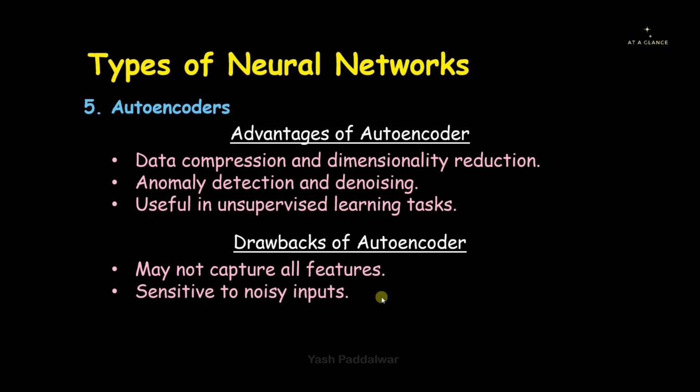A little bit of change in the data will trigger the output. If the data contains more noise, then the result might not hold good. Autoencoders work best for simple to intermediate tasks, but when it comes to complex tasks, they have limited use. So I hope the advantages and disadvantages of the autoencoder neural network are clear to you all.